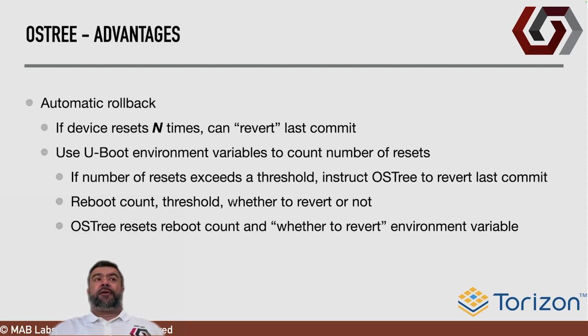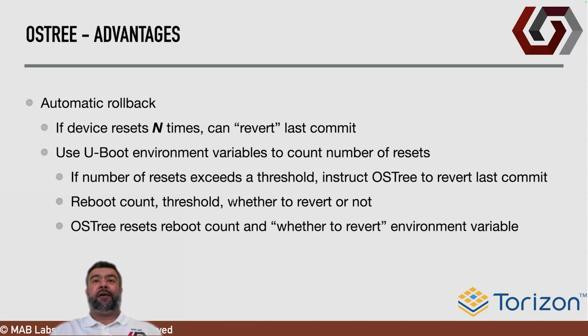Like other file management systems, OSTree also has automatic rollback. For example, if a device resets n times, OSTree supports a mechanism to revert to the last commit. This is handled through U-boot environment variables, like other schemes as well.